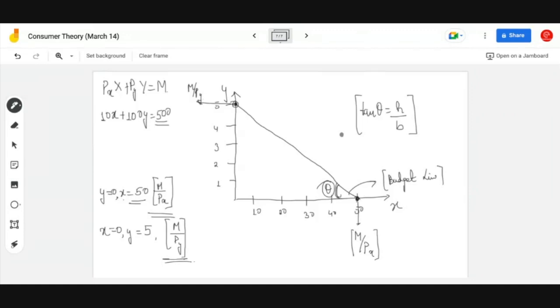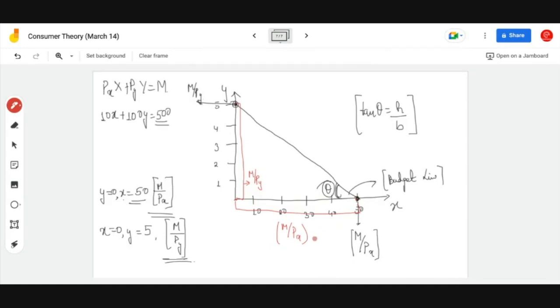Now, what is the height in this case? This is the height, which is nothing but M upon Py. This is the base, M upon Px. Don't go by these values, right now we are trying to derive a standard form.